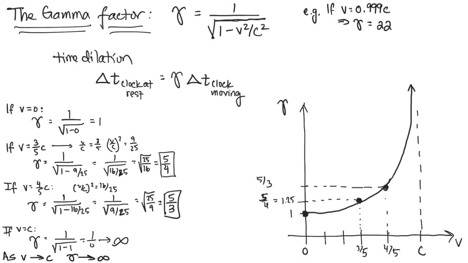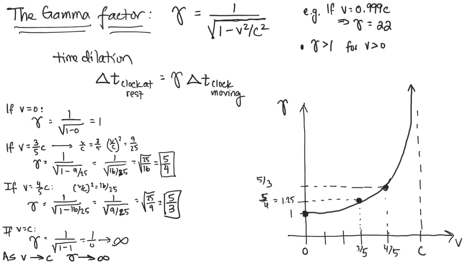Just to summarize and reflect a little bit, some key takeaway points: gamma is always bigger than 1 for v bigger than 0, and gamma equals 1 when v is equal to 0. Whenever we multiply by gamma, we are increasing a value.